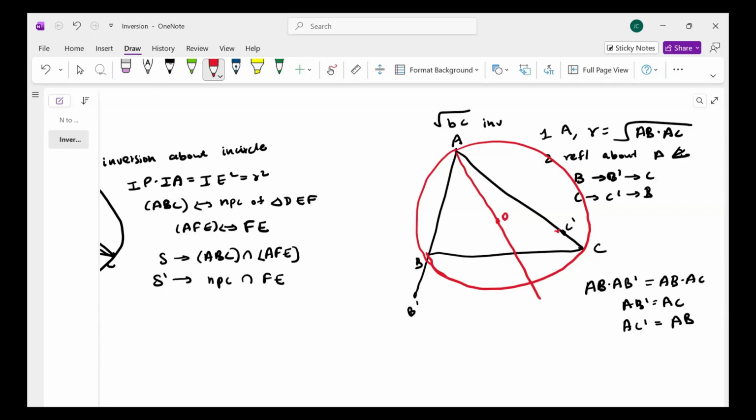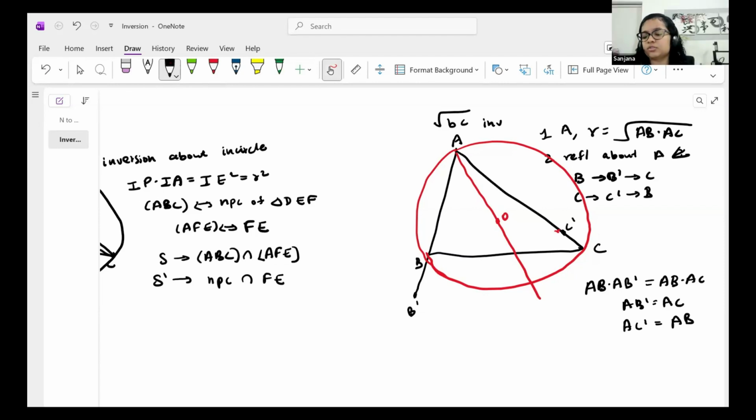Okay, so before that, it goes to the line passing through H. O does not go to H. At least it goes to some point on this line.